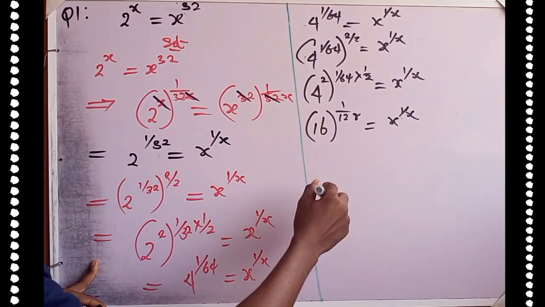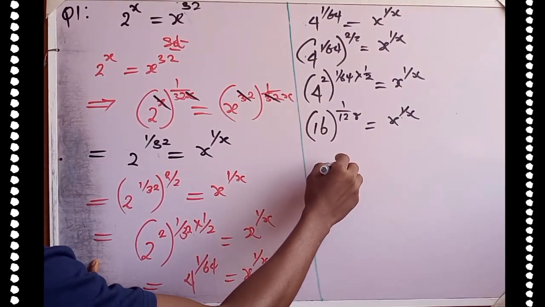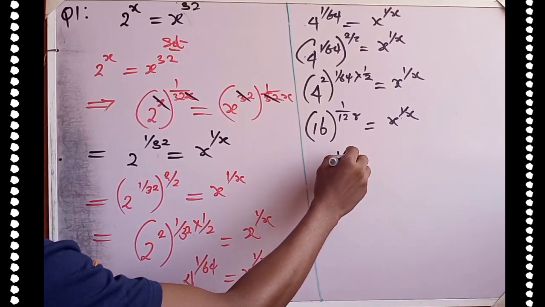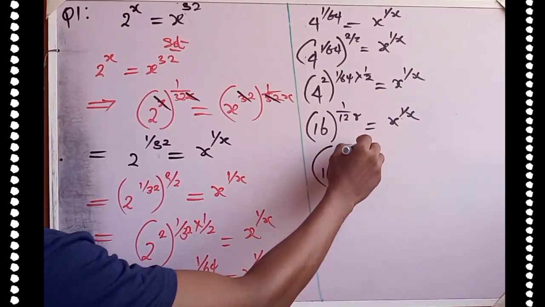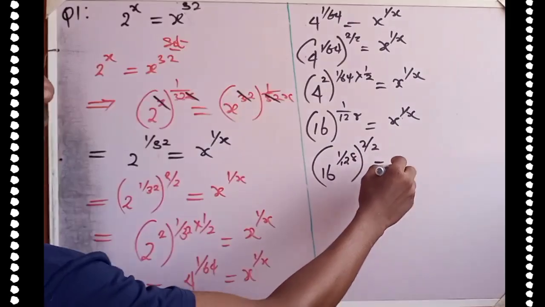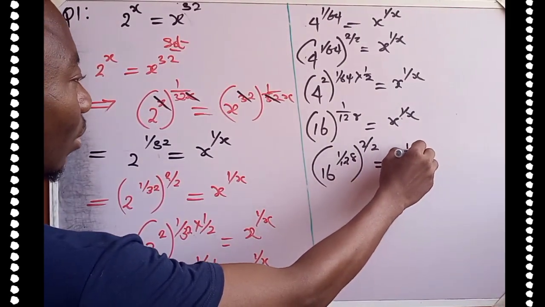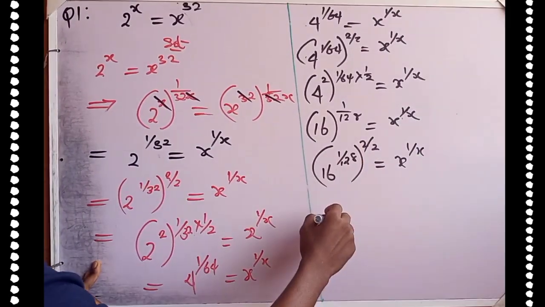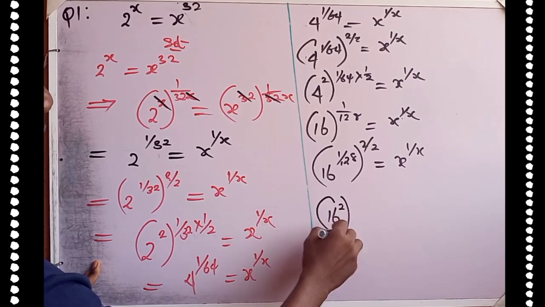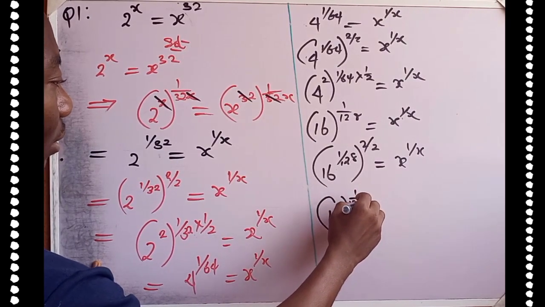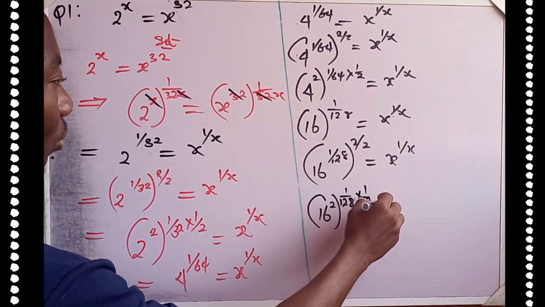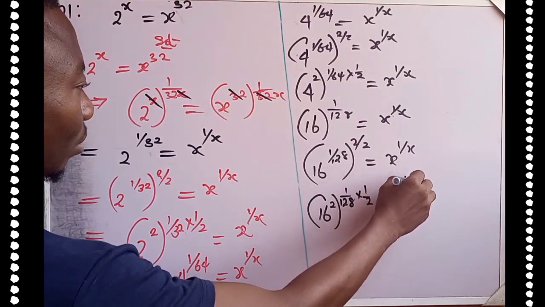All right, we're going to repeat the same process again. 16 to the power of 1 upon 128, then raised to the power of 2 upon 2, being equal to x raised to the power of 1 upon x. This 2 comes in again, so we're going to have 16 squared, then raised to the power of 1 upon 128 multiplied by 1 upon 2, and this equals x to the power of 1 upon x.